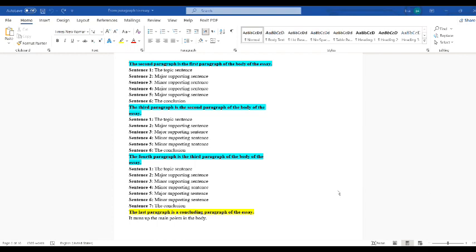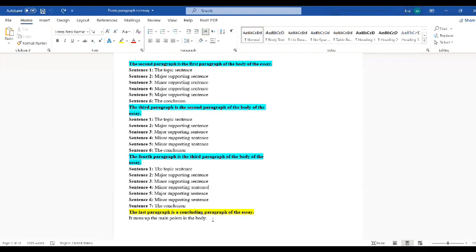Okay, and the last one, which is the concluding paragraph, sums up or summarizes the main points in the body. Here I want to draw your attention to a very important point. In the concluding paragraph, it is not accepted to write a new idea in the conclusion.